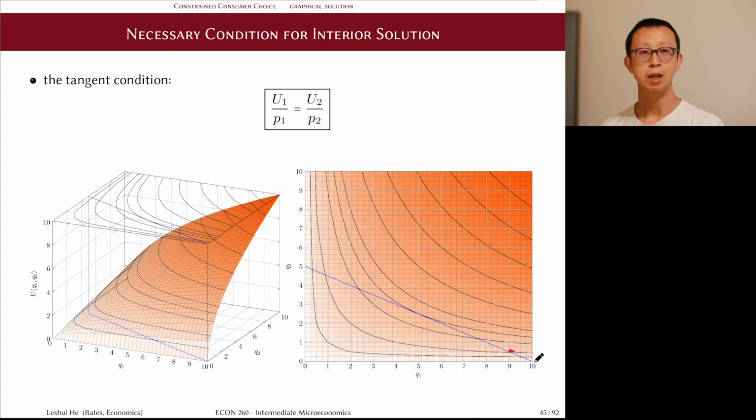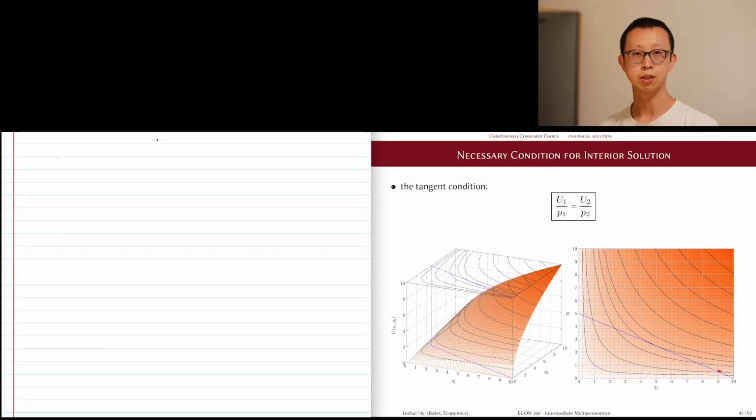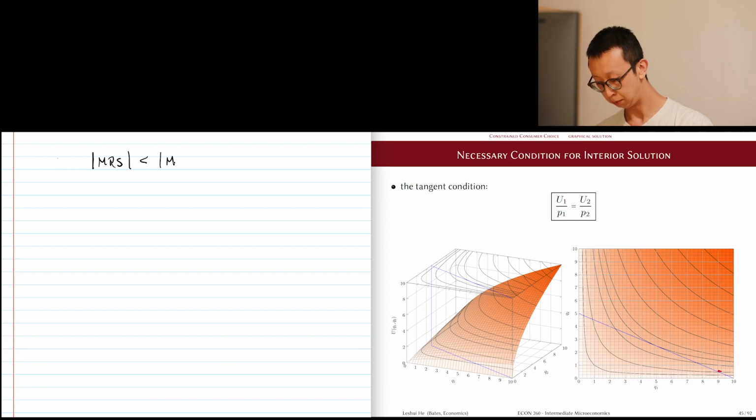In addition, at this point, the indifference curve is flatter than the budget constraint. If we write down the tangent condition, this means that the absolute value of the slope of the indifference curve, which is MRS, is less than the absolute value of the slope of the budget constraint, which is MRT.